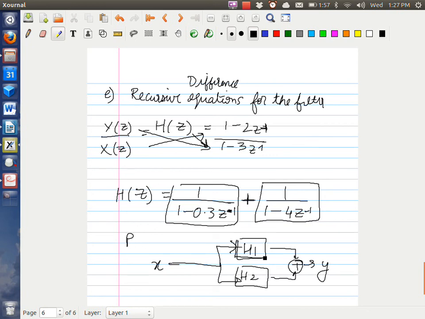For these individual blocks, the input is still x for both of them, but the output is not equal to y. You can call this y1, you can call this y2. So there will be one difference equation relating y1 and x, one relating y2 and x, and your output y is just their sum. So the answer is made up of 3 equations, and this might be your H1 of z, this might be your H2 of z.